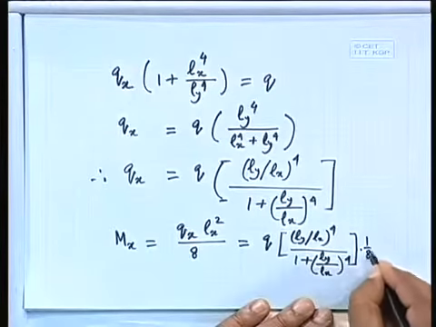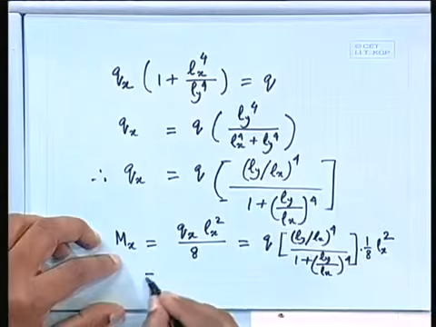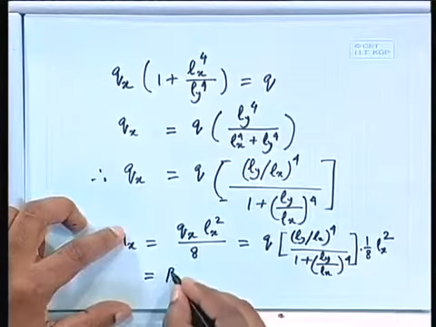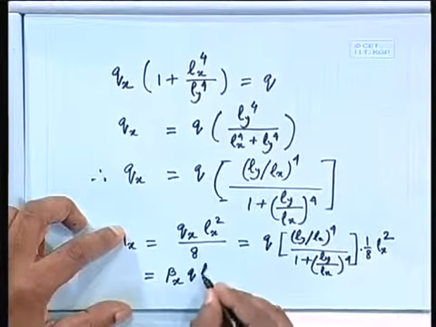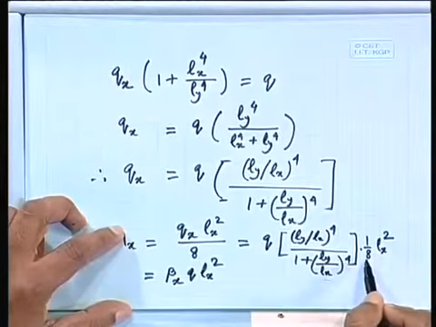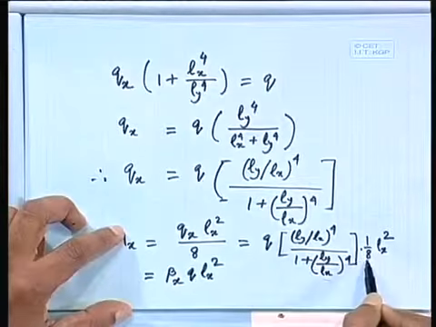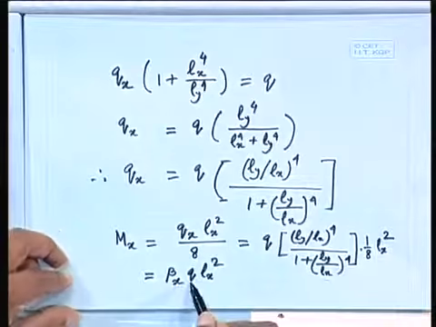into 1 by 8 Lx square, equal to, we can write as beta x times Q Lx square. Beta x means taking care of the whole thing including 1 by 8. So that is beta x and Q Lx square. So Mx will be equal to beta x Q Lx square.